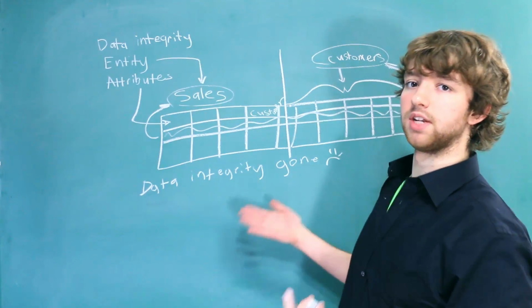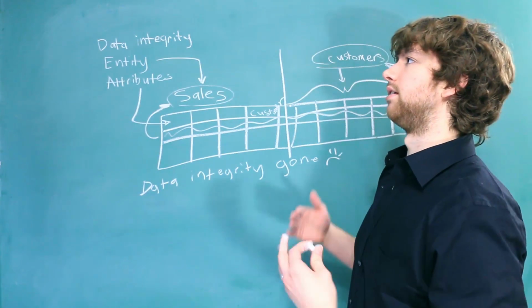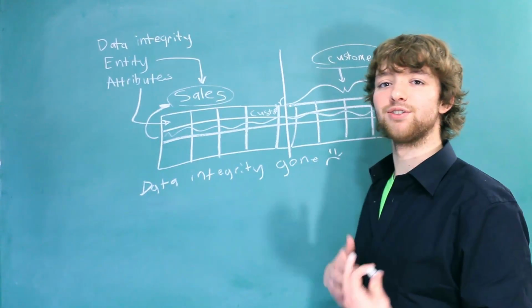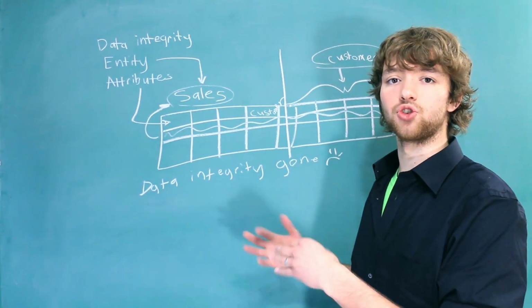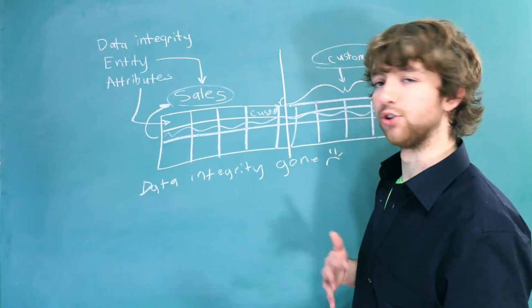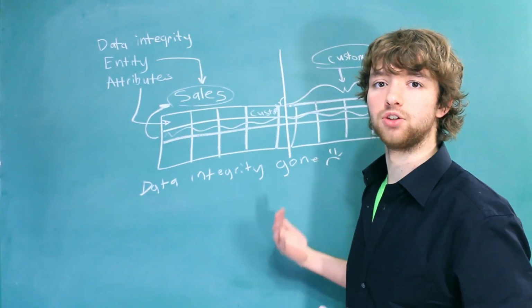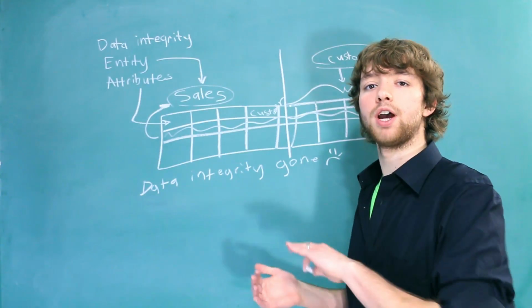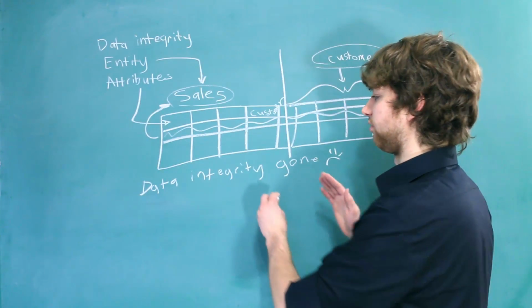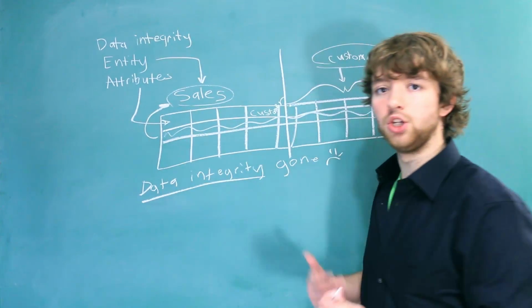That will bring our data integrity back. Now, it's best to start with data integrity because it's easier to start with it than try to force data integrity on already bad data. If your data is already bad and you're trying to improve the data integrity, you have to go and correct a bunch of garbage. But if you're starting with a database that enforces data integrity, you don't have to worry about those issues.